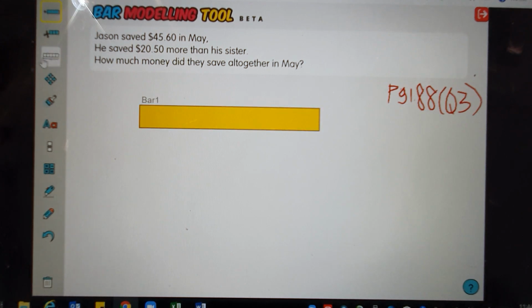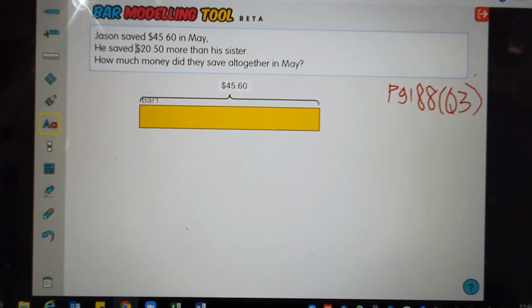and I can label $45.60. Next part tells you that he saved $20.50 more than his sister. The moment you see the words "more than", what kind of model would you be drawing already?